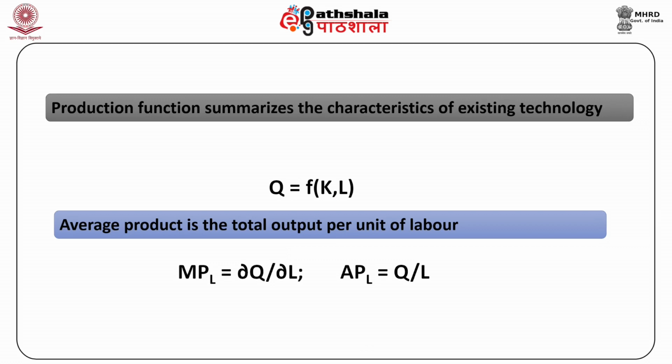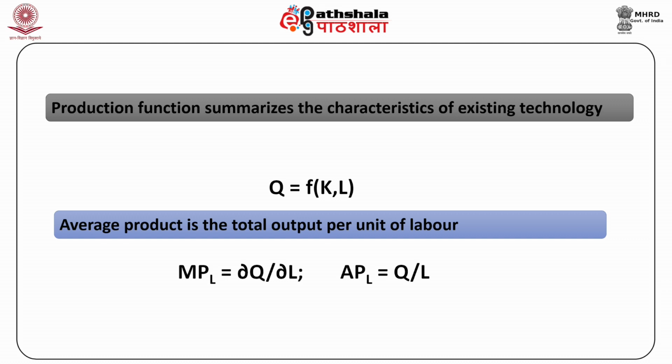It is a relationship between inputs and output. It identifies the maximum quantity of a commodity that can be produced per time period by each specific combination of inputs. It is denoted as Q equals F(K, L), where Q is the output, K is the units of capital, and L is the units of labor used in the production of Q.